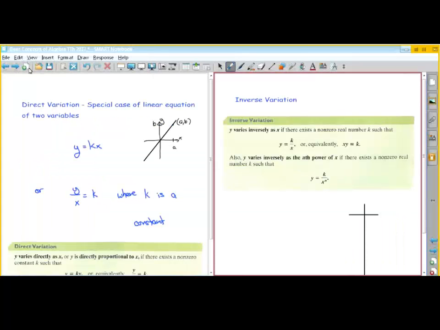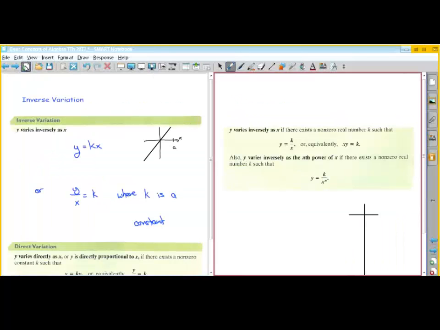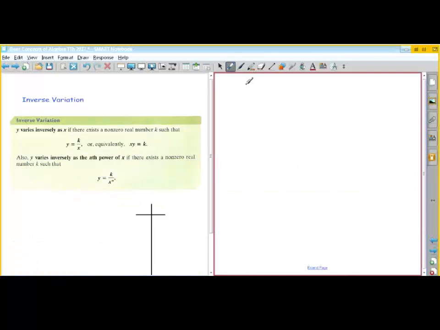So what's an example of where you have an inverse relationship? Well, we were talking about the ideal gas law the other day, for you chemistry guys. The ideal gas law says P, pressure times volume, is equal to the number of moles times the universal gas constant times T. Well, at constant temperature, so let's say you maintain something at a constant temperature, P times V ends up being a constant.